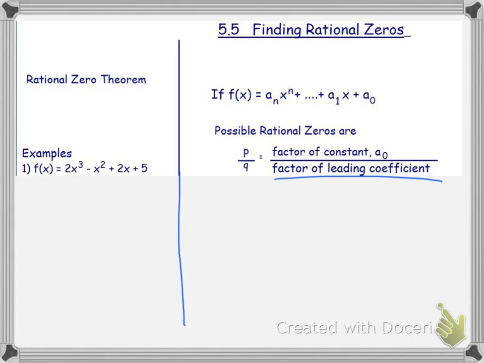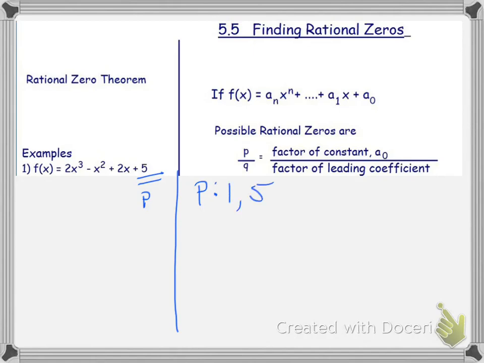So what I'm going to do first is list the possible p values. Well, my constant is 5. So my factors of 5 are just 1 and 5. And then my q is my leading coefficient.